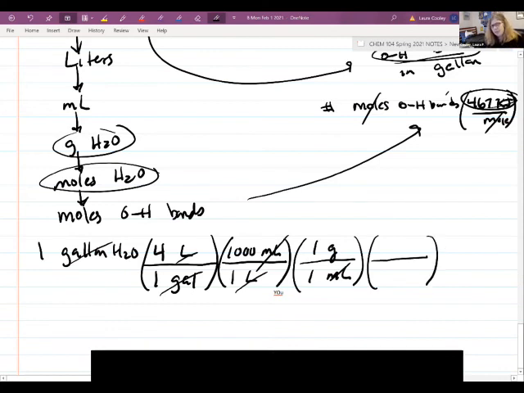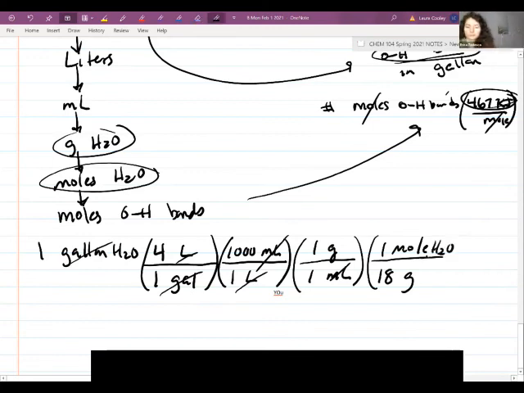How many grams in a mole? We're going to divide by the molar mass of water. Let's just call it 18. We could even call it 20 in the back of the envelope calculation. So this is going to give the moles of water.